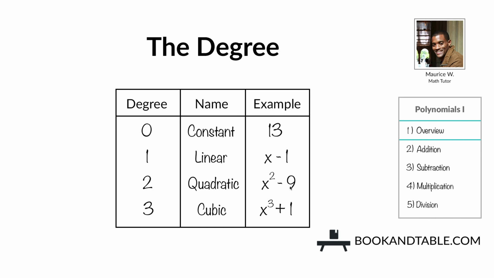So x squared minus 9, for example, is considered a quadratic expression, and quadratics have a degree equal to 2. And you also see variables that have a degree equal to 3 pretty frequently throughout algebra. These expressions are considered cubic, such as x cubed plus 1. So these are just a few of the different types of polynomials that you'll come across pretty frequently throughout Algebra 1 and 2.